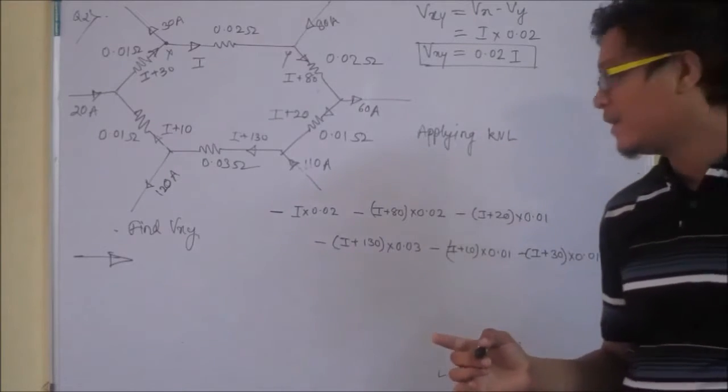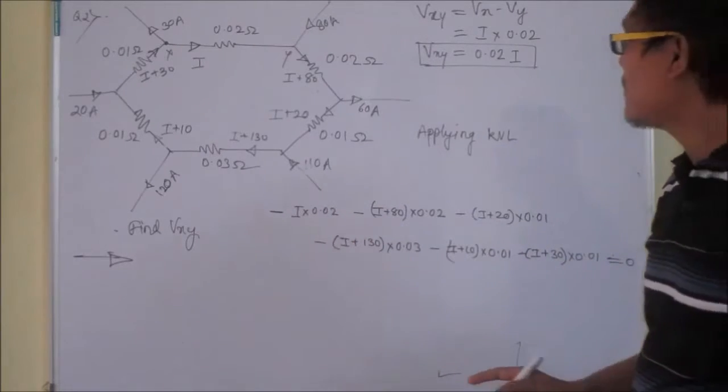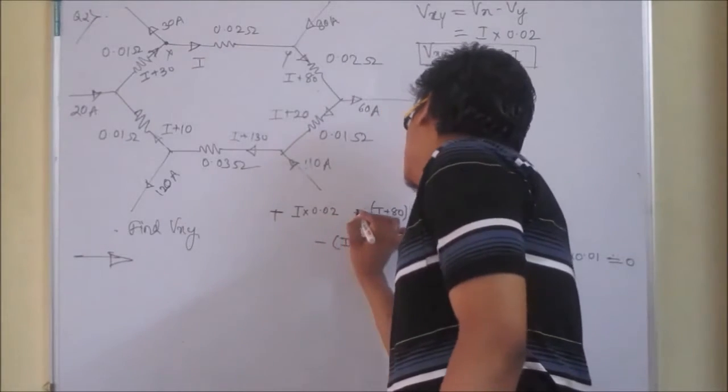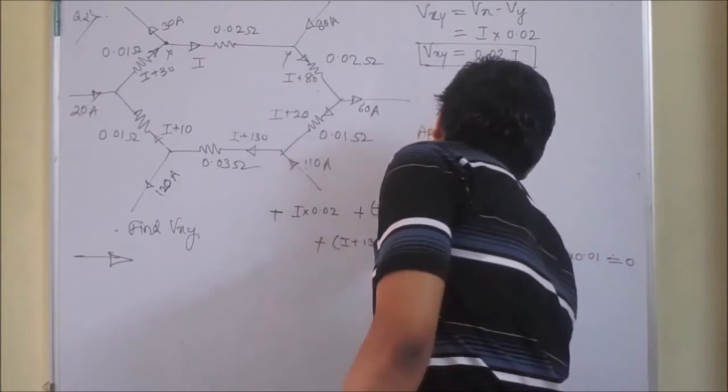If I multiply the whole equation by a minus sign, then everything will be plus.